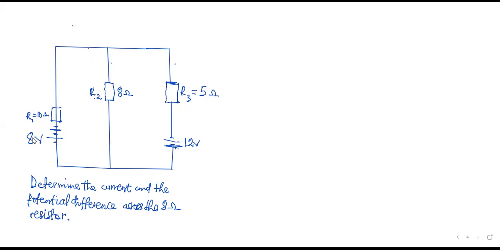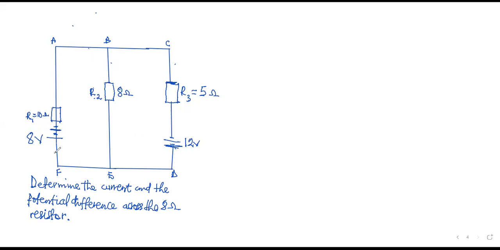So let's see how we can apply our rule. Rule 1, assign direction to the flow of current. Each of the sources would produce current. Let's first label the circuit A, B, C, D, E, F. So first assign direction of current.